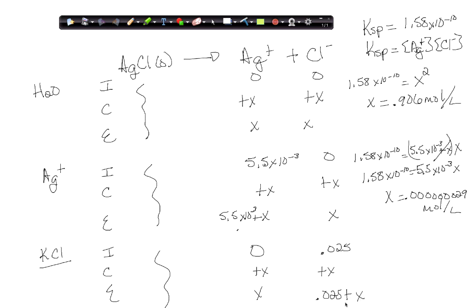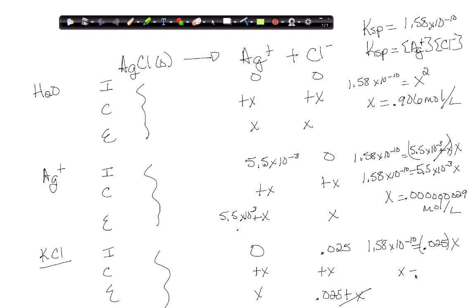So again, I know that my Ksp is very, very small. So if my K is very small, I can assume that x is very small, and if you add or subtract by a very, very small number, you can pretty much leave it out. So I have 0.025 plus x, but I leave that out, times x.